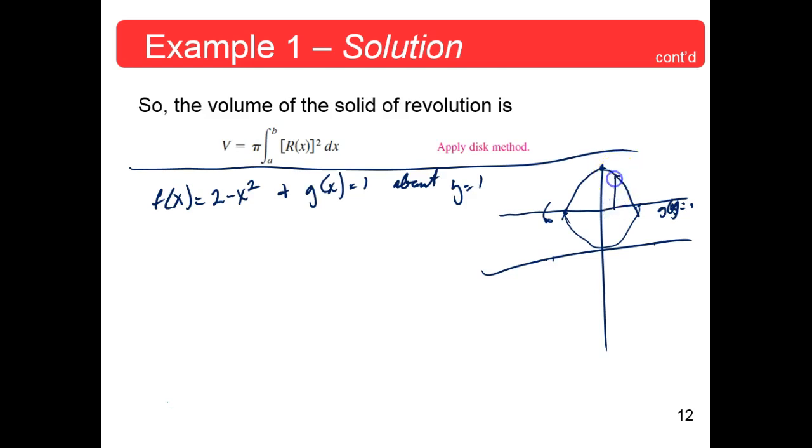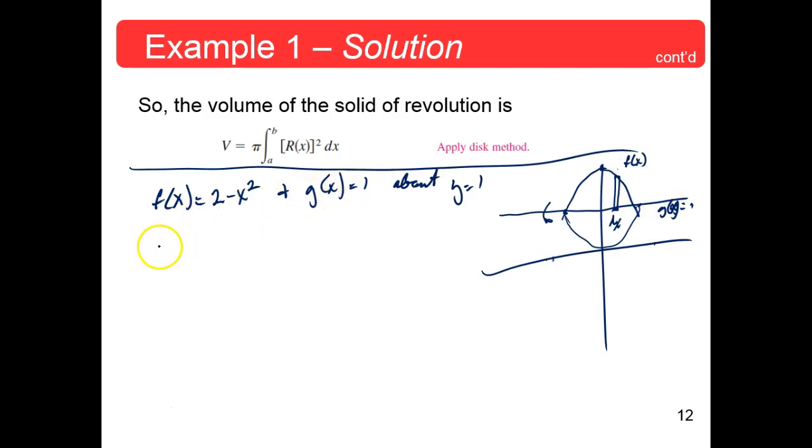So what we're going to have to do then, let's do our little rectangles. That's where these rectangles come in handy, and make sure we're thinking through things. So sure enough, your thickness is dx. That makes sense. But what's the length of that radius? That would be your f of x, that's this curve here, minus g, minus 1. Exactly. Minus g of x.